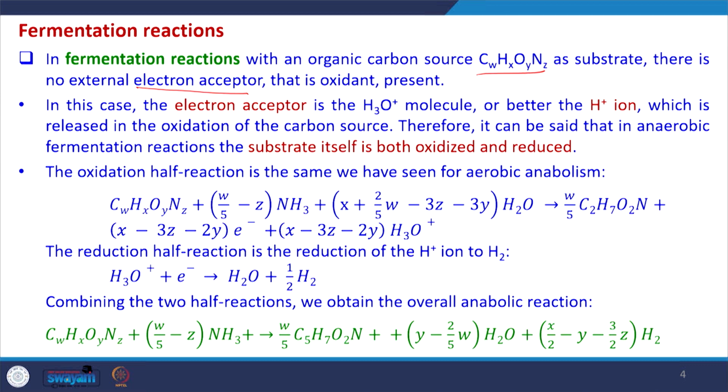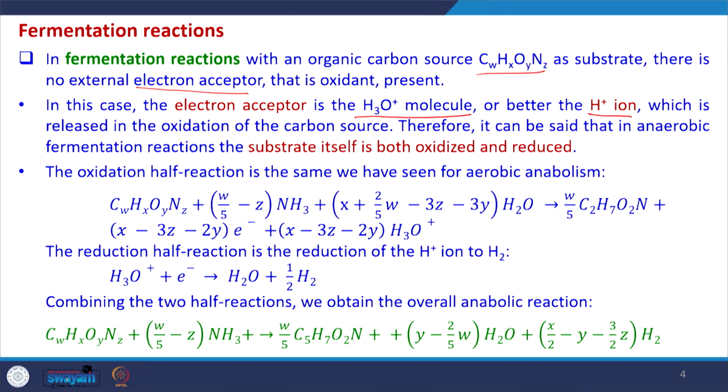In this case the electron acceptor is the H+ ion, which is released during the oxidation of the carbon source. Therefore, in anaerobic fermentation reactions the substrate itself is both oxidized and reduced. The oxidation half reaction is the same as we have seen for aerobic anabolism.